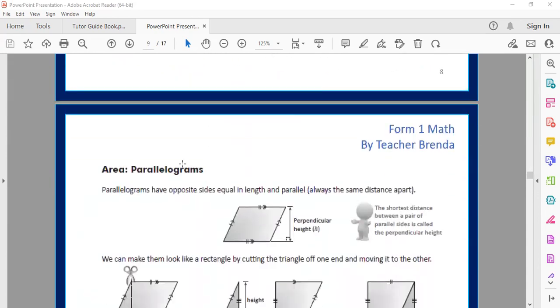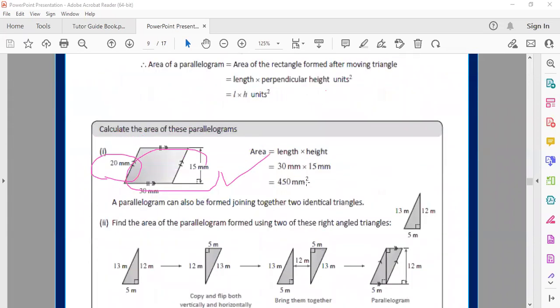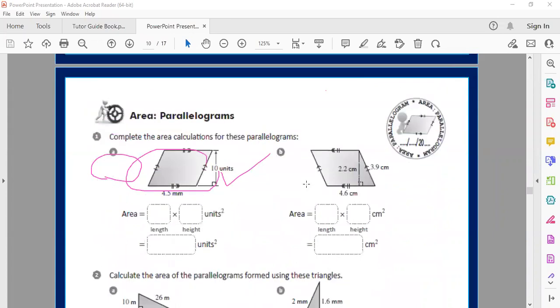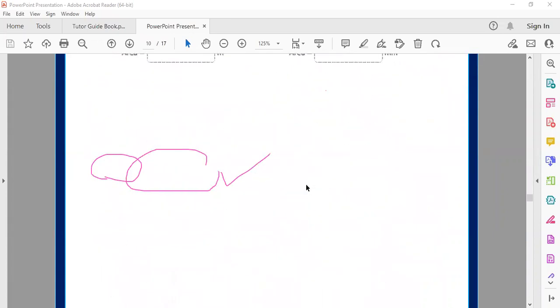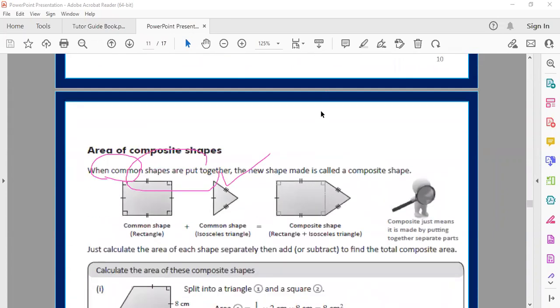Then look, what are we learning? Parallelograms. We find the area of parallelograms. They tell you how to do it, some notes, and then calculations, practice questions. Then we go to find the area of composite shapes.